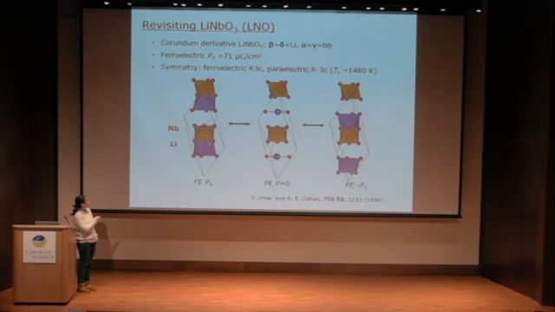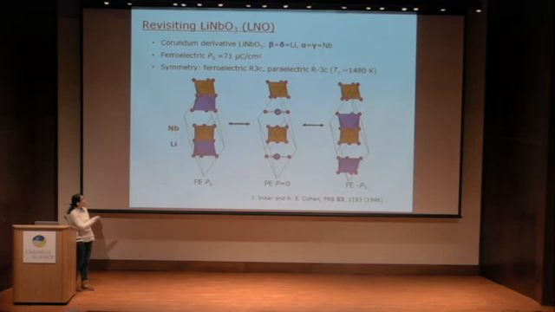Lithium niobate is like AB, AB. It has a very huge spontaneous polarization. And these are the ferroelectric phases with opposite polarization. And this is the paraelectric phase, and its average structure is like this. So the lithium atoms are in the plane with the oxygen, but it's just the average structure.